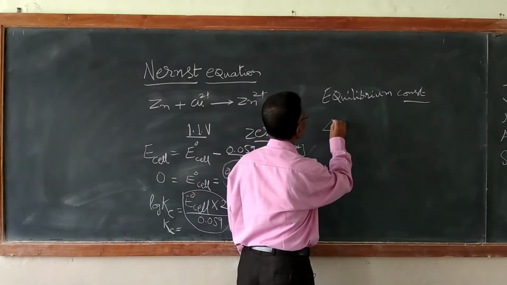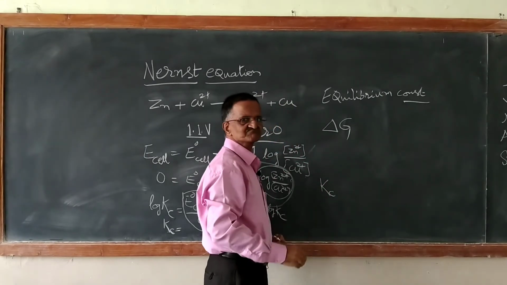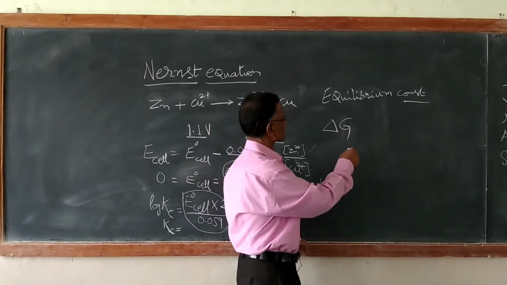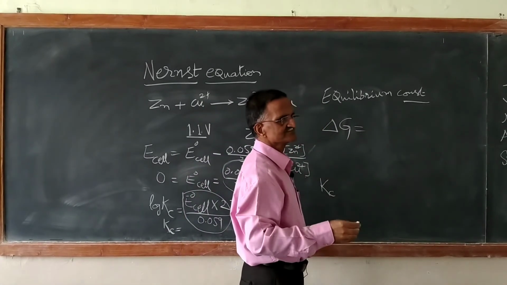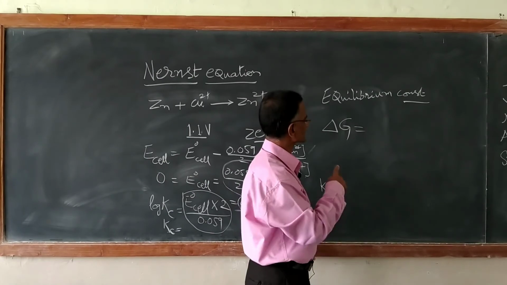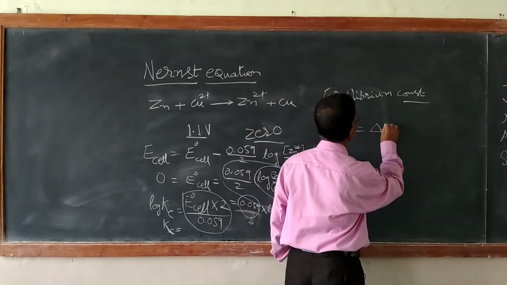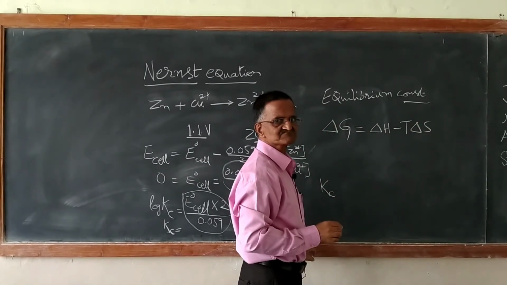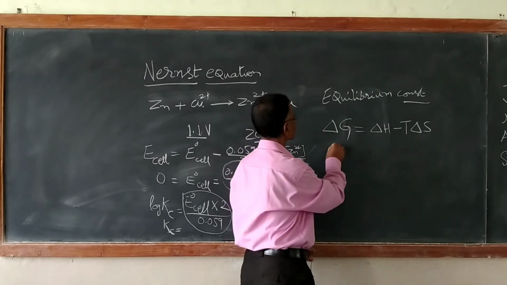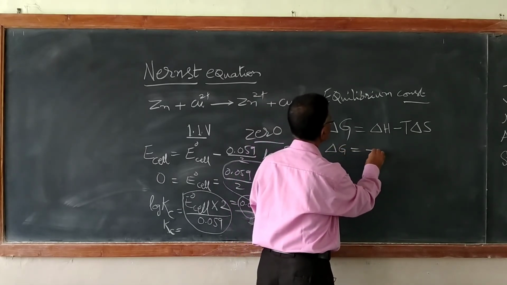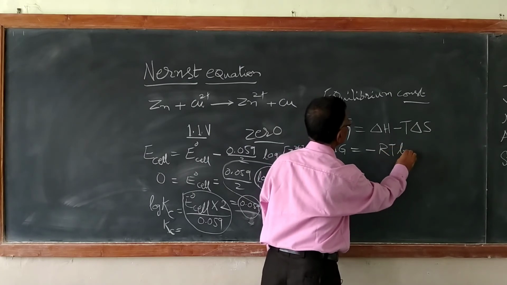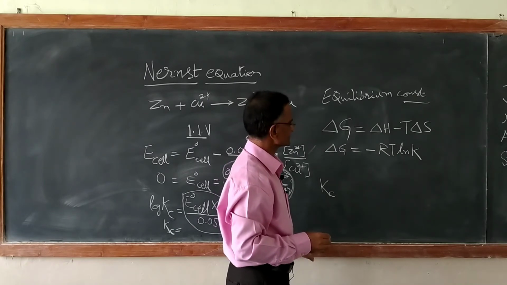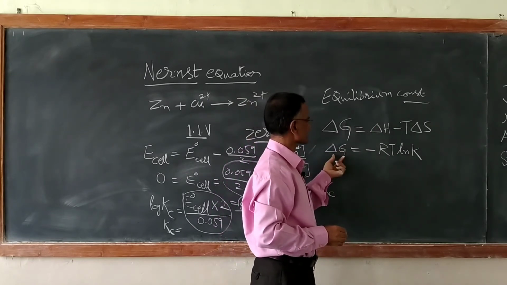We told with the help of delta G. We understood different ways to arrive at delta G. One way was delta G equal to delta H minus T delta S. The other way, delta G equal to minus RT ln K. What is this minus RT ln K? Once you know the equilibrium constant, you can find out delta G.